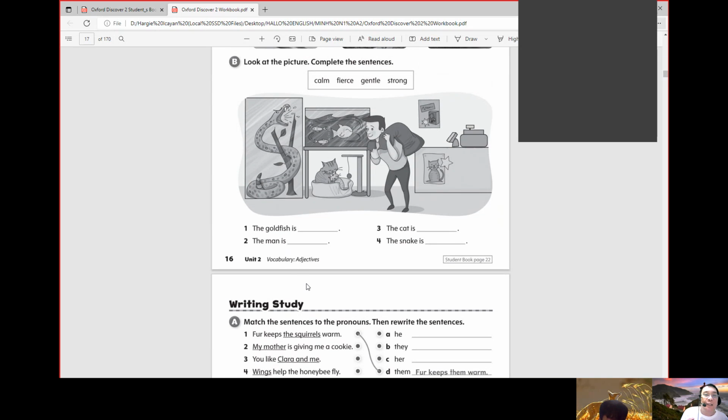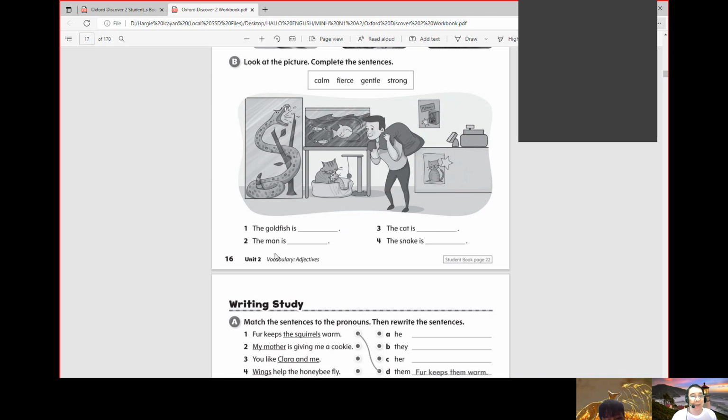Letter B. Look at the picture, complete the sentences. Okay, let's first examine the picture, and then let's complete the sentences by using the words inside the box. Ready, Min? Yes. Okay, number one. The goldfish is calm.